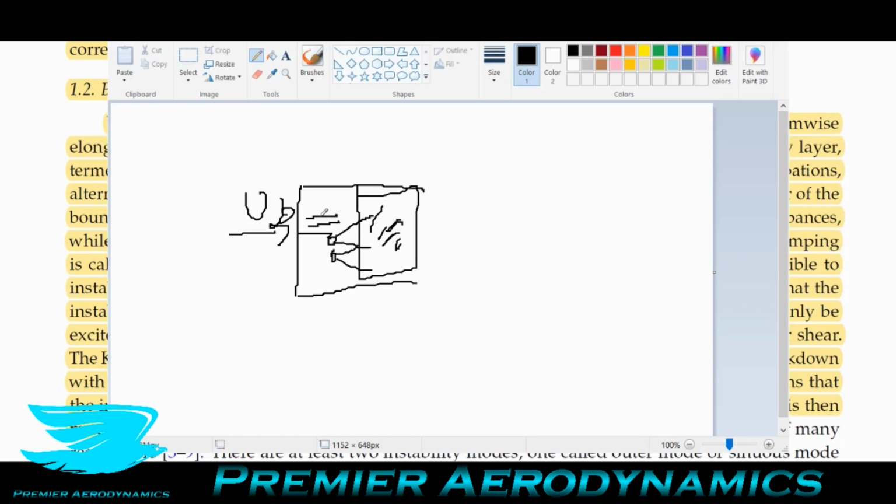You have one jet pushing the flow downstream. You have the next jet, right next to it, pushing the flow upstream. And the next jet next to it, pushing it downstream, and so on, periodically. The length between each one of these is approximately the same as the boundary layer height, so it's of the same order of magnitude.